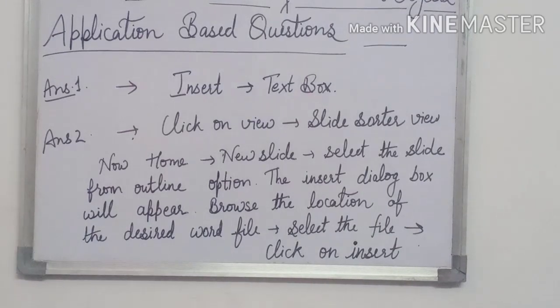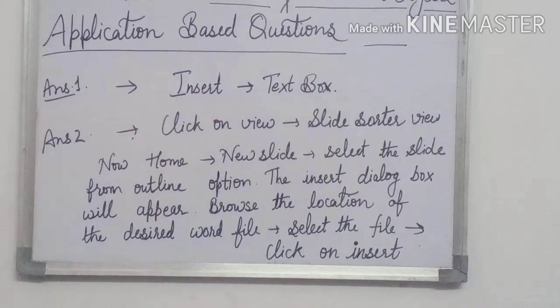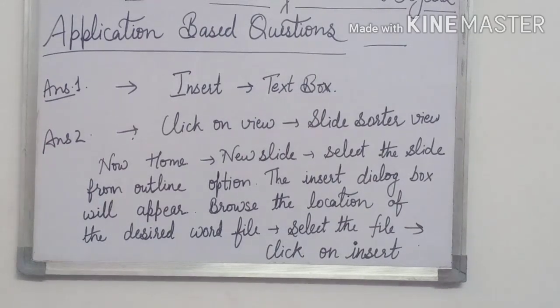Firstly you have to insert the text box: click on the insert button, then go to the text box, and that text box will be shown in the slide, and then you can write on it. This is the answer of the first question.